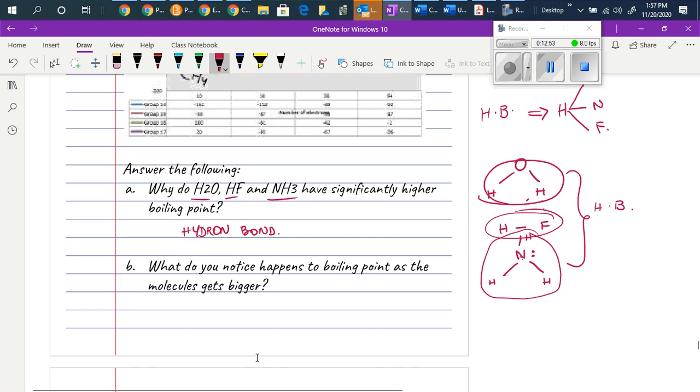And what do you notice happens to the boiling point as the molecules get bigger? Bigger meaning more electrons, the boiling point will increase, because the power goes to the number of electrons as well, and it requires more energy to break the bonds between the atoms.